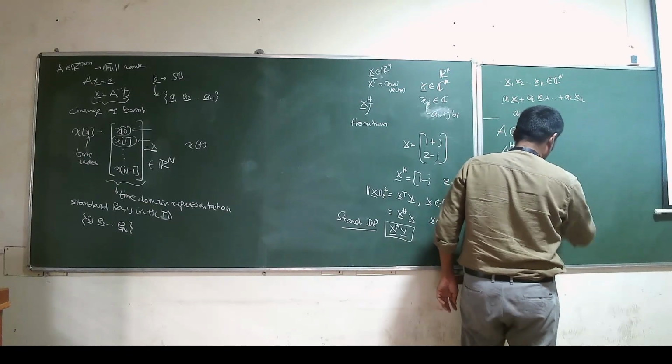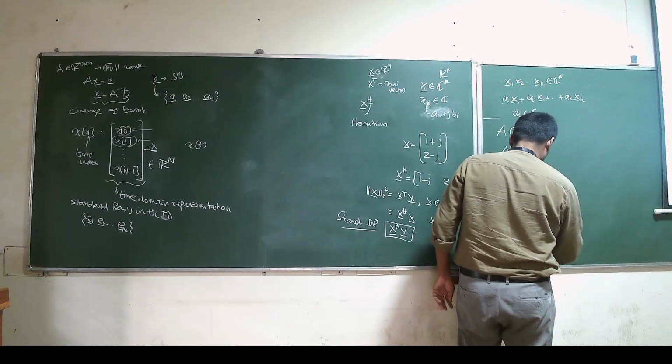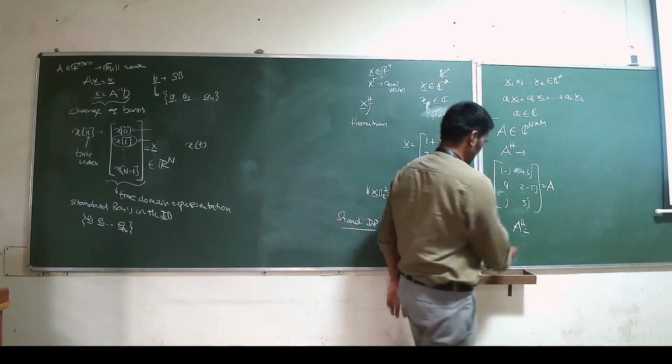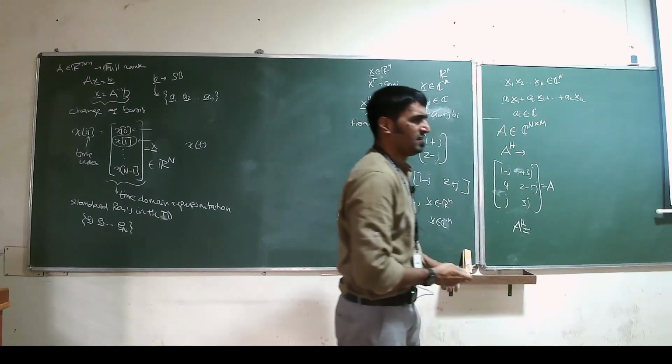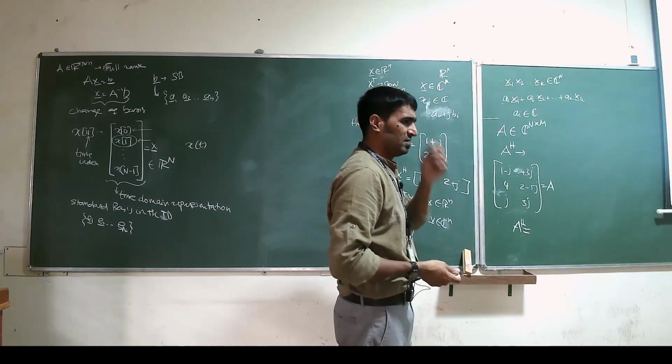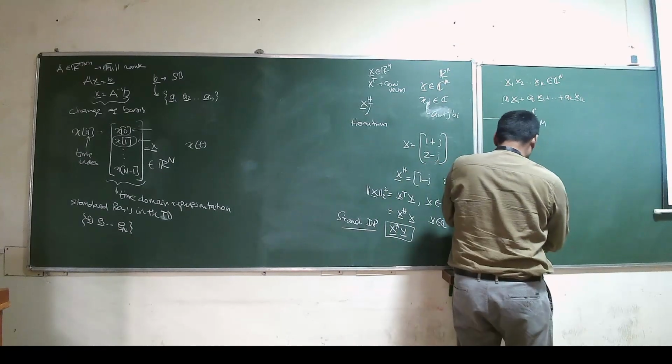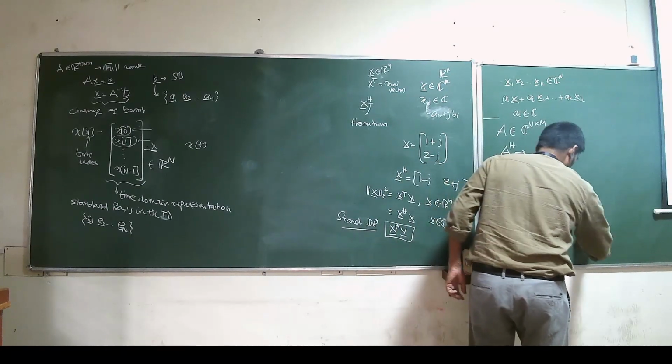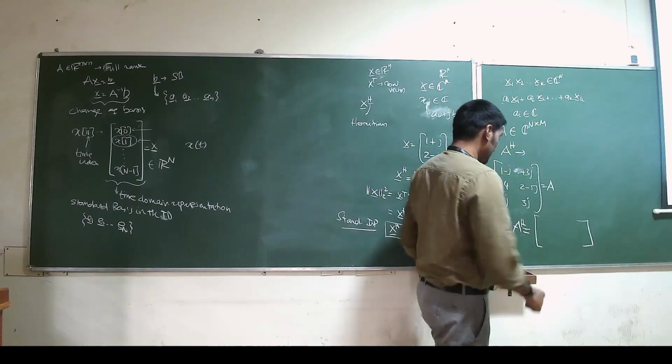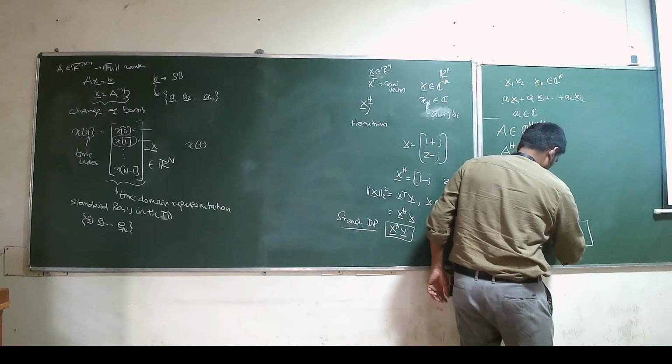Say this is A. What would be A Hermitian? This is a 3 cross 2, so A Hermitian would be 2 cross 3. What would be the first element? j.